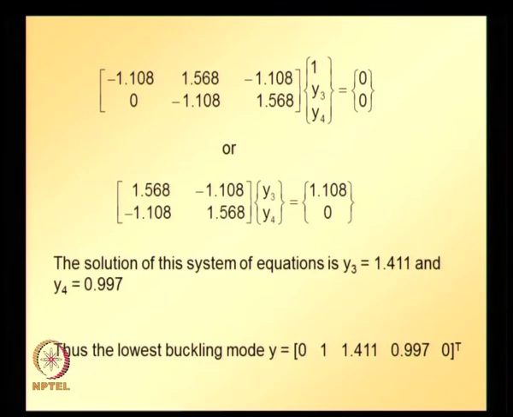Similar calculations can be repeated for other eigenvalues, but since we are interested in the critical load, we are looking at only the lowest eigenvalue and the corresponding buckling mode.